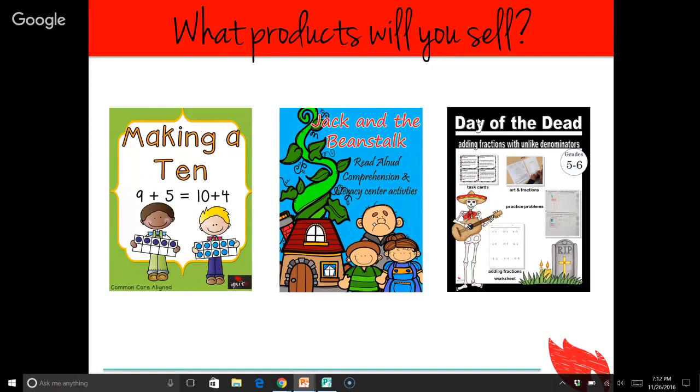Well, the one on the end, Day of the Dead, is one of my more current products. And as you can see, they all look different. The first 2 evolved over time. And I think this last one shows where I am as far as creating products. And most of my products look like this.